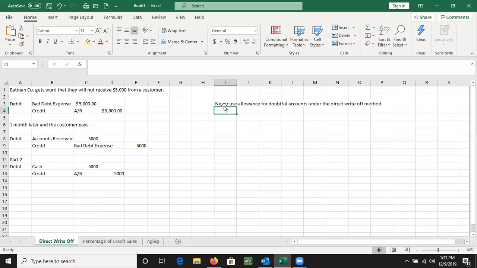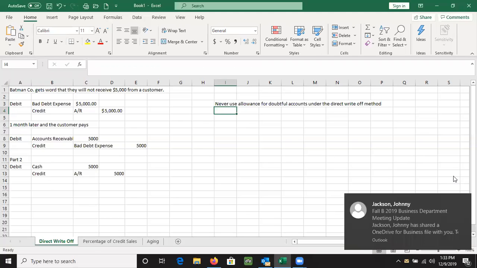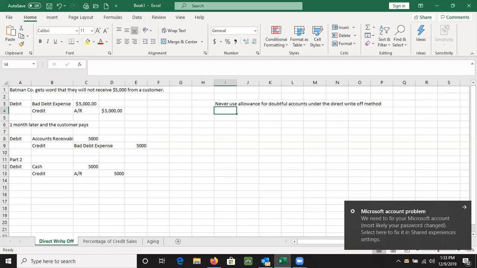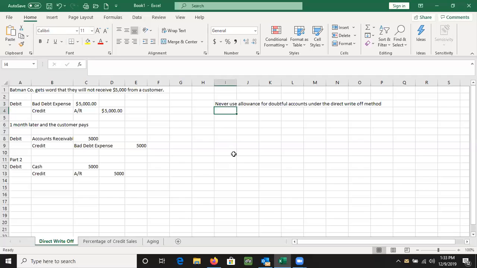So think of accumulated depreciation. That's contra asset. It's only used under the allowance method. So we're not going to have it for the direct write-off method. Keep that in mind. All right, we're going to keep going now.